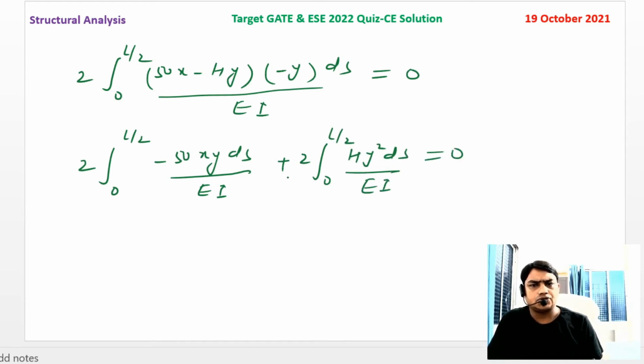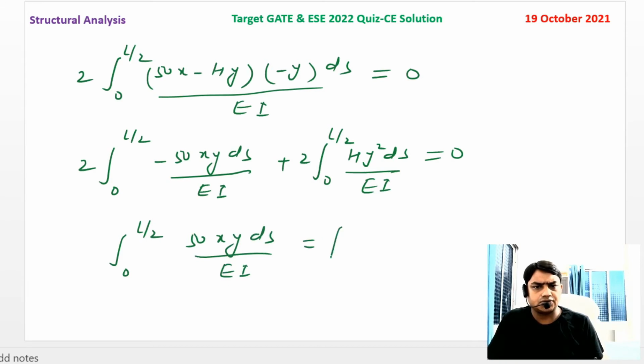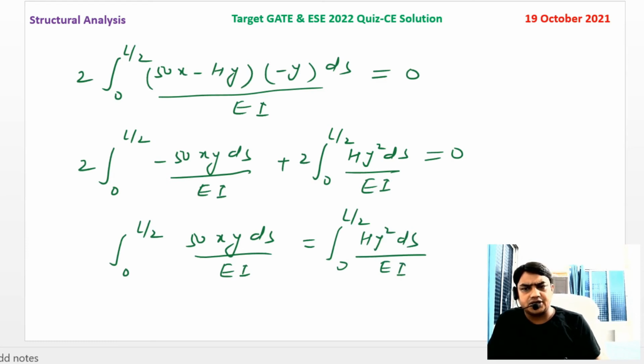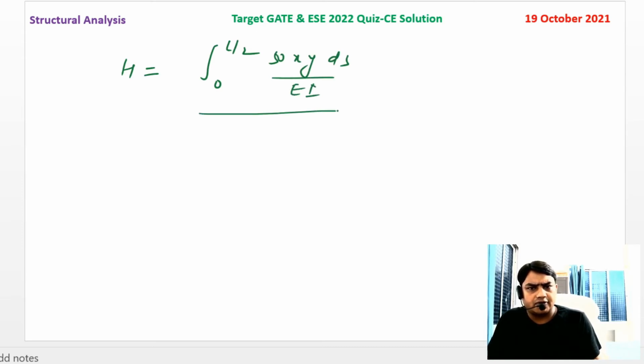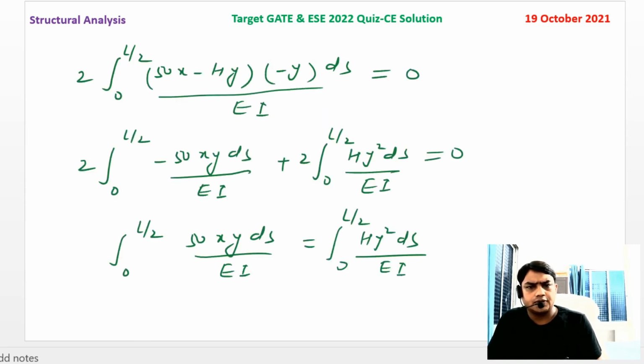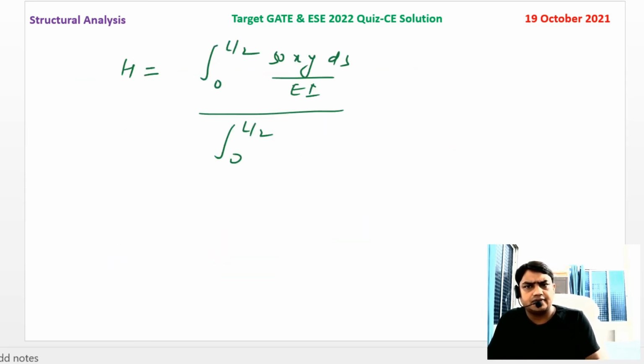So H equals the integral of 50xy ds by EI divided by the integral of y square ds by EI.